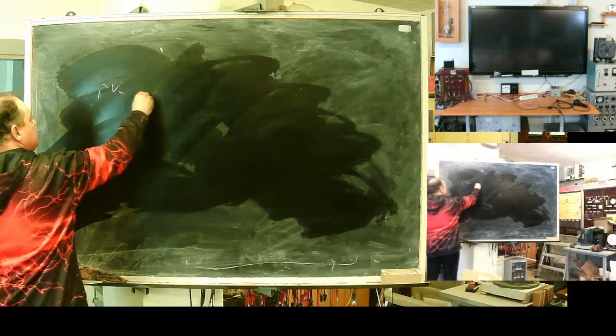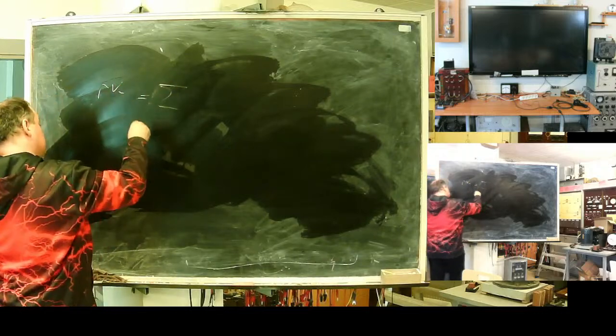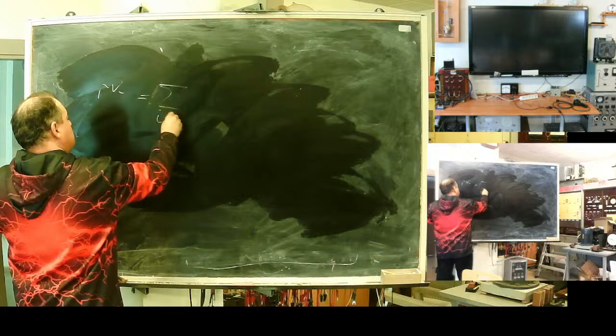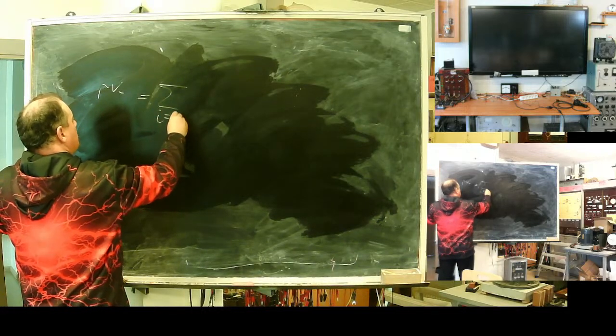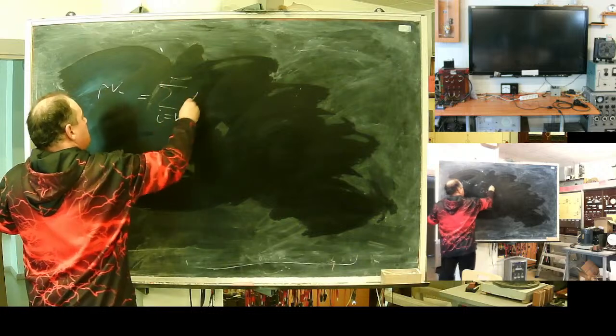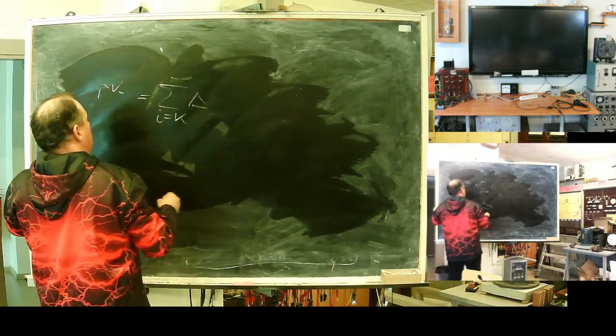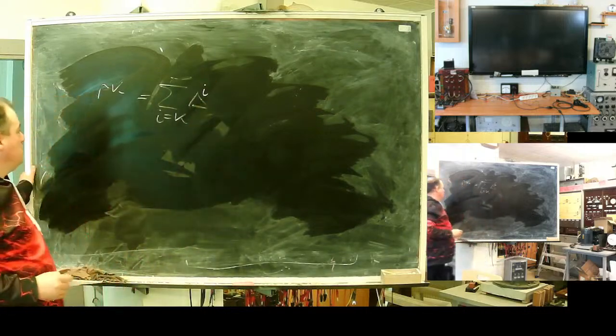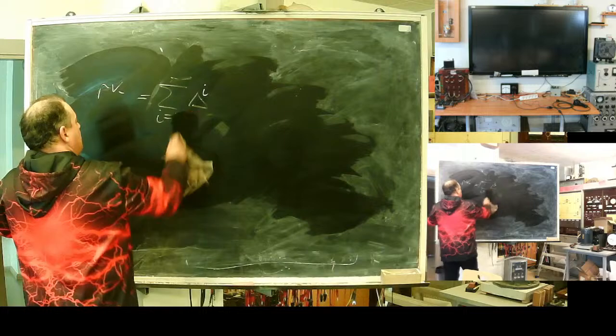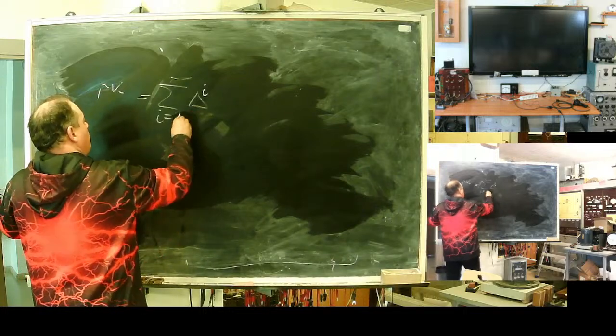Okay, the distance is a sum where i starts from k to infinity of delta_i. Or, okay, I can write it from 1 to infinity.